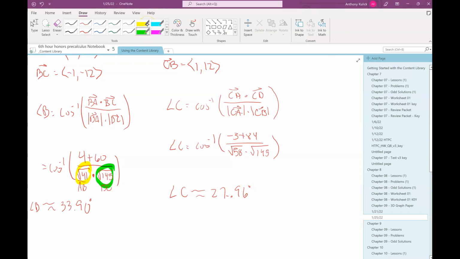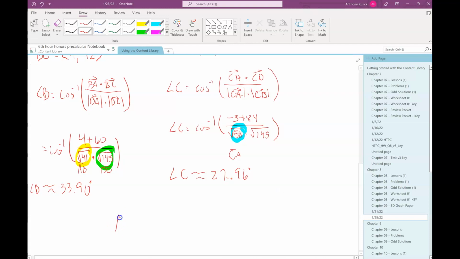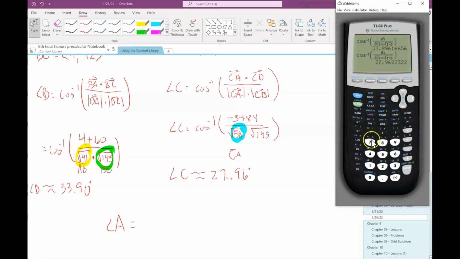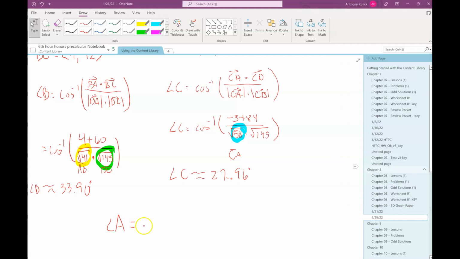And I also got side CA here along the way. And so angle A is just going to be the leftovers between those two. So 118.14.